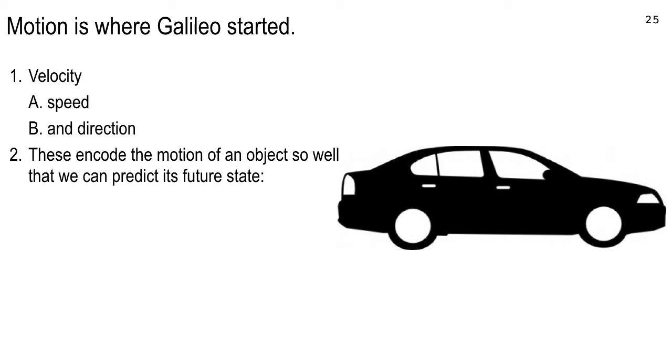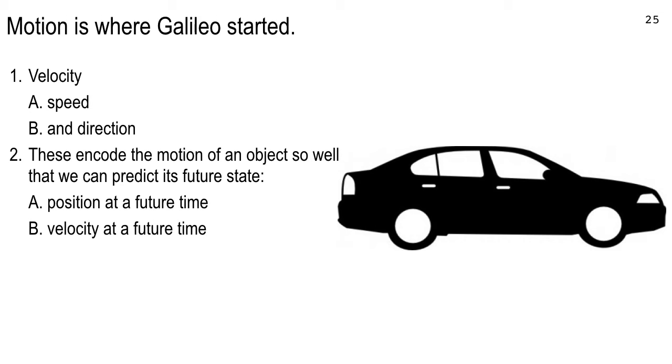Given the conditions at time t equals 0, what are the conditions 1 second later or 1 year later or some other time? Predict the future state. So you can predict a position at a future time, and you can predict a velocity at a future time. If you know where it's going and how fast, you know where it's going to be going at maybe some different speed, if the velocity evolves over time.